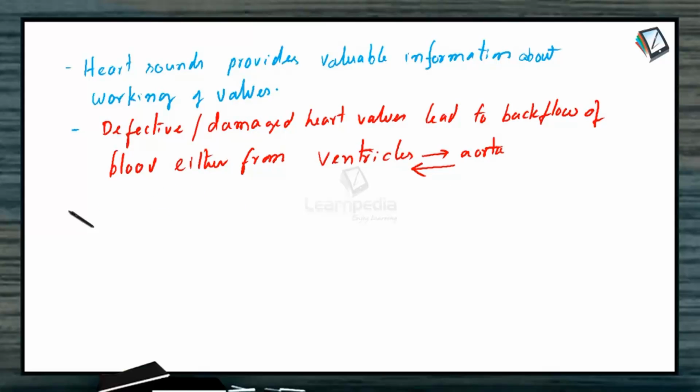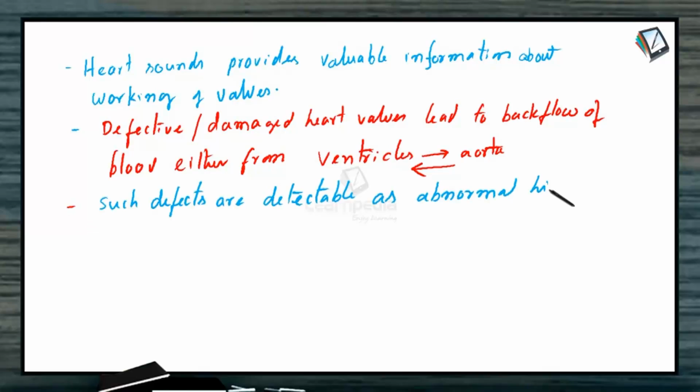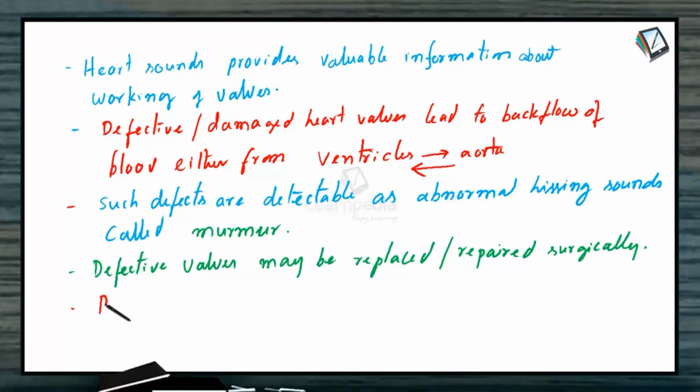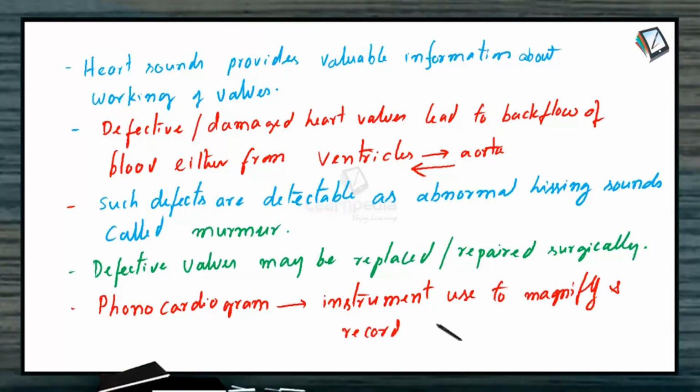Such defects are detectable as abnormal hissing sounds called murmurs. We have already discussed this in the previous slide. These defective valves may be replaced or repaired surgically. Phonocardiogram is the instrument used to magnify and record heart sounds.